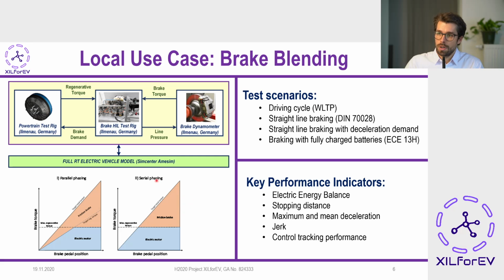What we want to show is that we can analyze different brake blending strategies regarding, for example, the electric energy balance in a driving cycle like WLTC. We can do this using real powertrains included in the simulation and also a real brake dynamometer, so with very high detail.